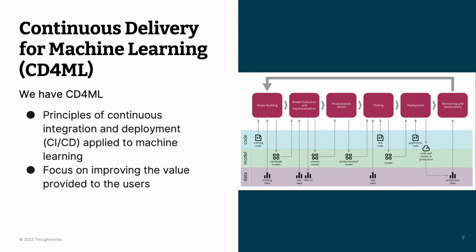The idea here is we have data, machine learning models, and code in three parallel tracks, and we focus on different stages of the life cycle of the three tracks, from the first one, model building, to the next one, model evaluation, to put this model into production, to test this model, then to deploy this model in production, and then monitoring and observing the model.